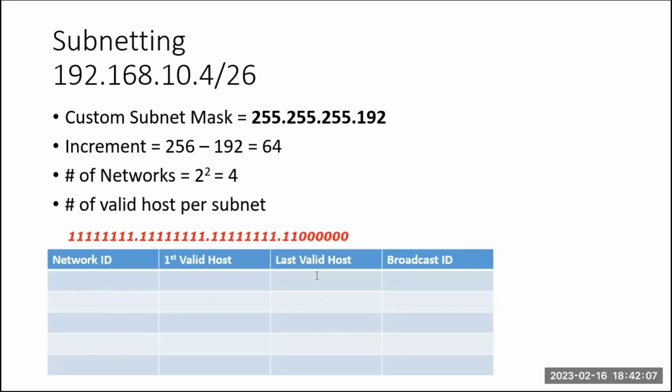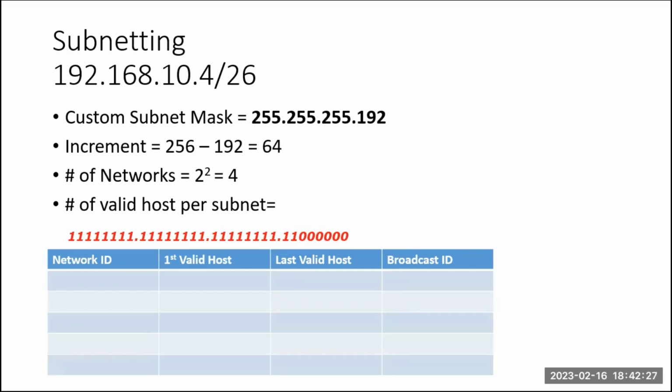All right. So look in the 4th octet, look how many bits are turned off. In this case, how many do we have turned off? 6. All right.